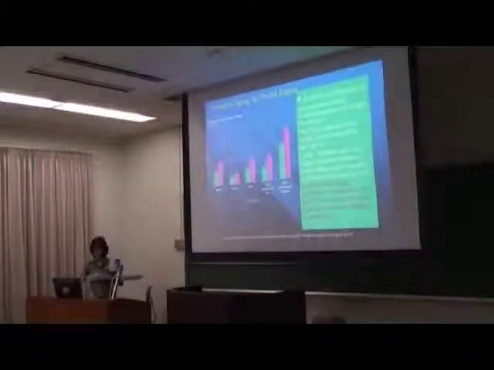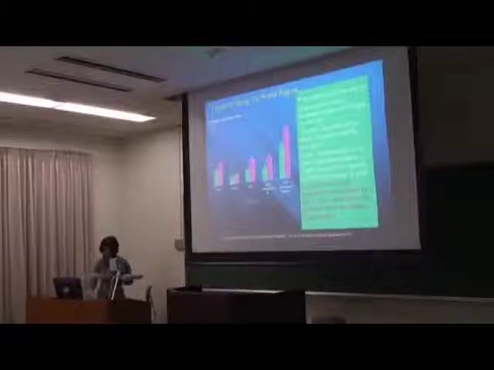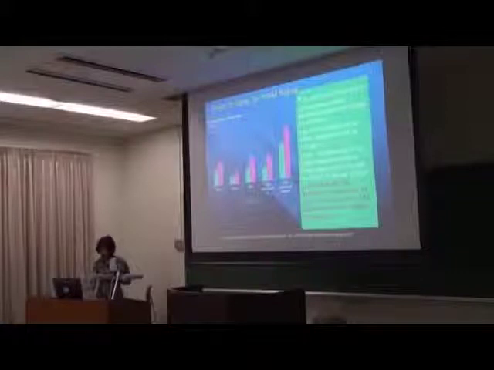Now, if you compare among parts of the world, you will see that the overall work by the year 2000 and 2025, this is to look at the medium term, okay?